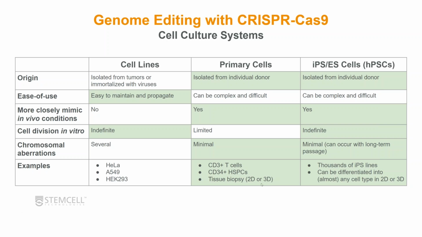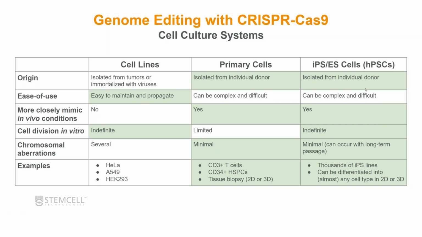Some drawbacks of primary cells is that they can be very complex and difficult to culture. As well, they exhibit very limited cell division in vitro, and this can be a significant challenge, especially when you're trying to edit these types of cells. When primary cells aren't available, so in the case of if you want to model a cardiac disease or a neurological disease, researchers have turned to human pluripotent stem cells. So these types of cells are a very powerful tool.